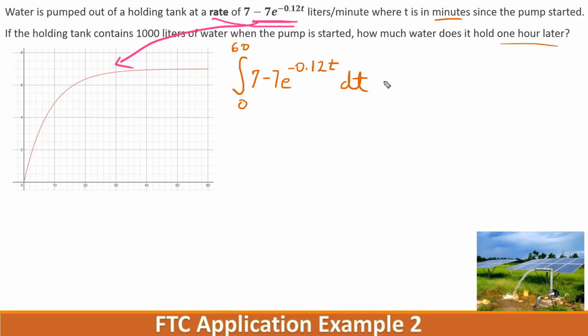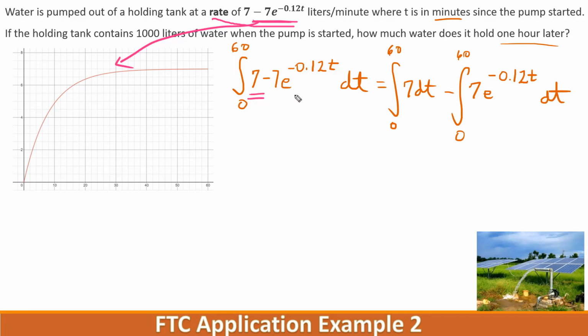Now this is one I probably would separate, meaning I would go from 0 to 60, 7 with respect to t, and then 0 to 60, 7e to the negative 0.12t dt. So all I did is I thought this might be a good idea to separate these and do the integrals individually. All right, so this first piece right here, hopefully you know we've talked about already, this constant.